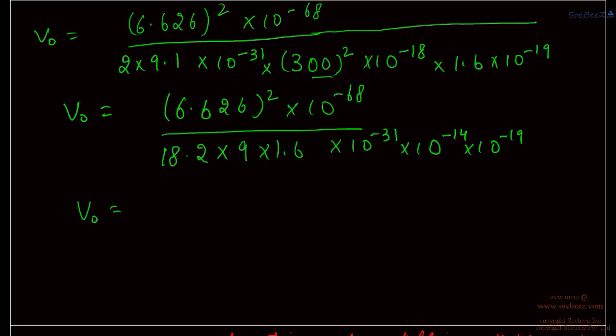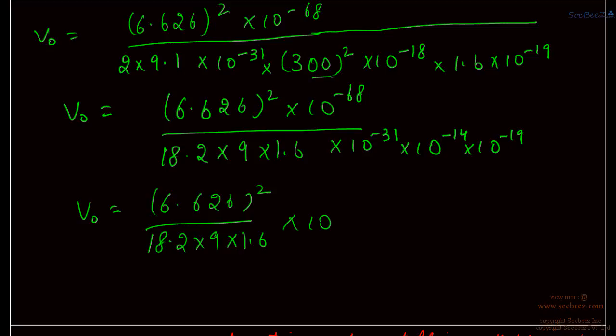Okay, so from here the value of V naught is 6.626 squared upon 18.2 into 9 into 1.6 into 10 raised to the power minus 4.